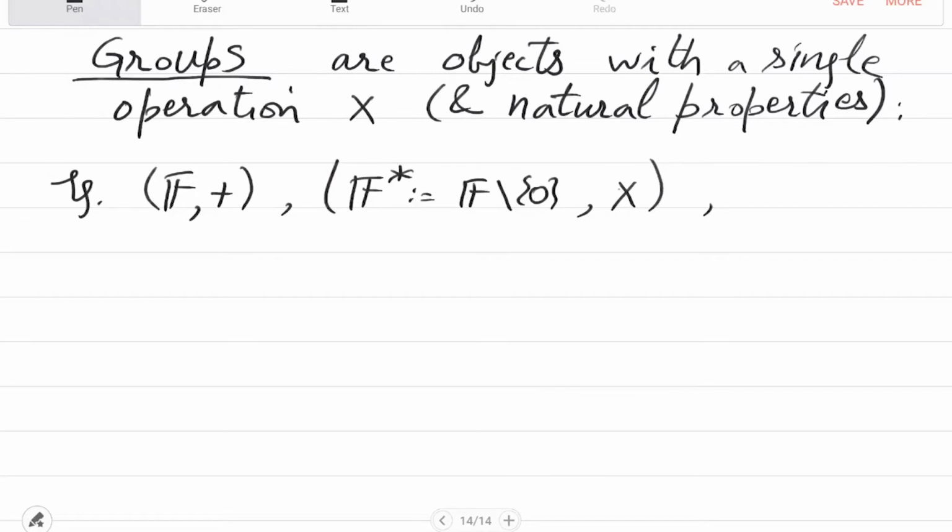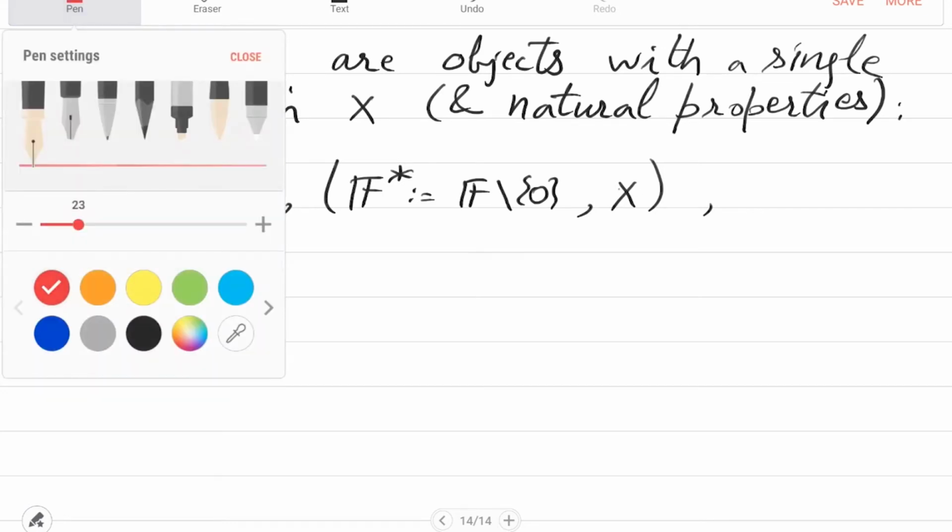So F star with multiplication is a group. Every element has inverse, associativity, closure, and obviously there is 1. So F is a group, F star is a group, different operations. And since both of them are commutative examples, these we call abelian groups. That's a special type of group.